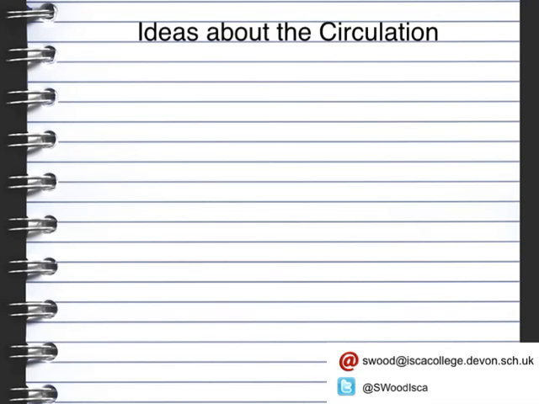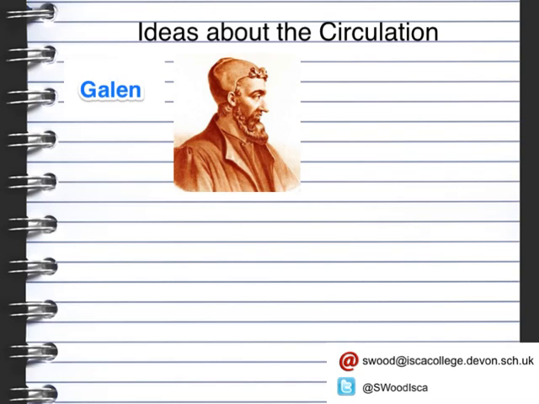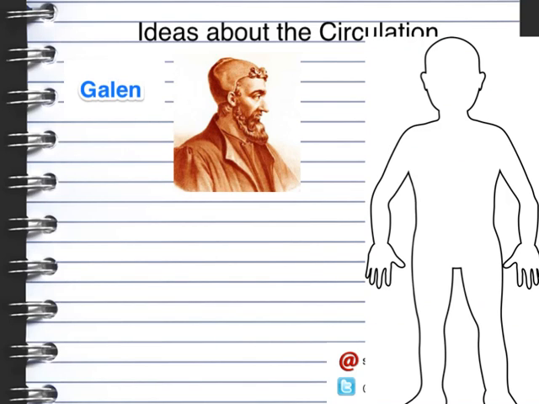Now, ideas about circulation have changed over time. In about 200 AD, a Greek doctor by the name of Galen had an idea that blood flowed from the liver to the heart similar to a tide.